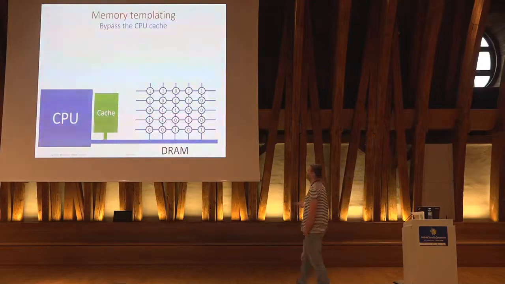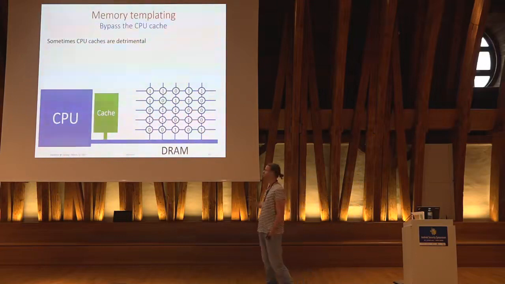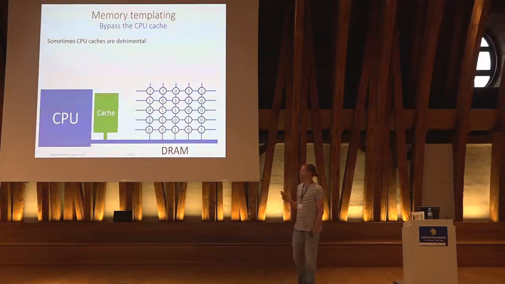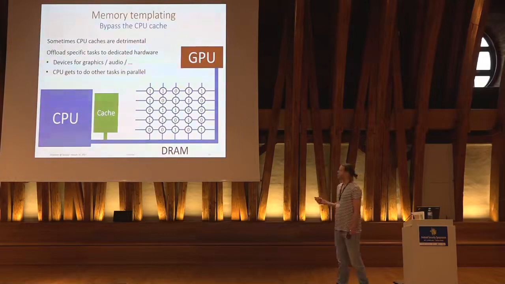Basically the solution was DMA, direct memory access. Because sometimes the CPU cache is something you don't really want. What happens, for example, if besides the CPU you have another device, let's say a GPU or audio device or anything, that is operating on the same DRAM, the same data as the CPU?